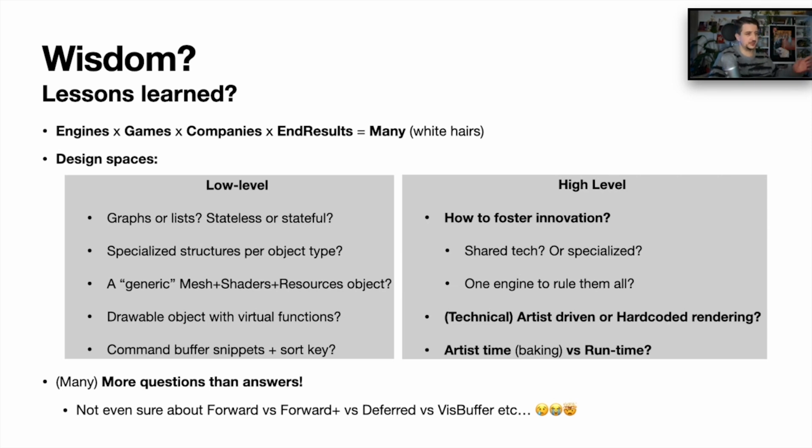Should we do a specialized data structure per object type, or is it better to have a generic class that encapsulates a vertex buffer, a mesh, a shader and the resources needed to perform a given draw? Should we go through virtual functions and interfaces, or specialized loops per concrete type that take lists of objects and generate the underlying drawcalls for the GPU API?